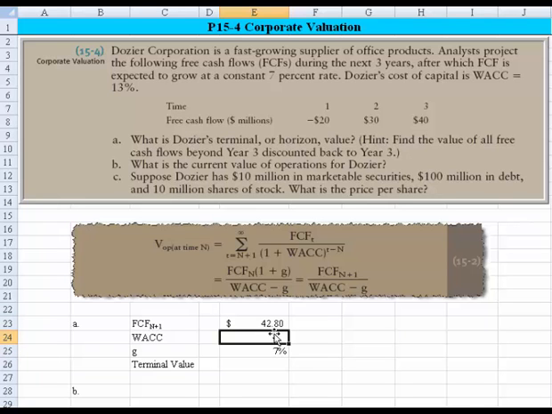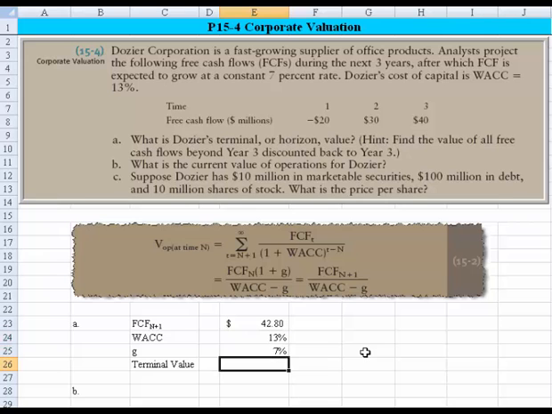It's 7%, and they also give us a weighted average cost of capital. So free cash flow is simply 40 times 1 plus 7%, or 40 times 1.07. And we come up with free cash flow of the next year beyond what we have projected. That gives us the free cash flow for the terminal or horizon value.